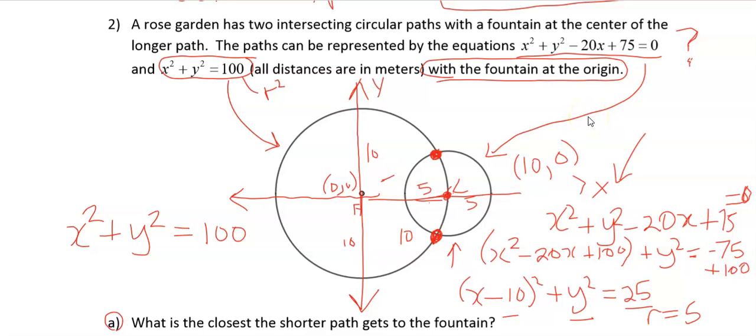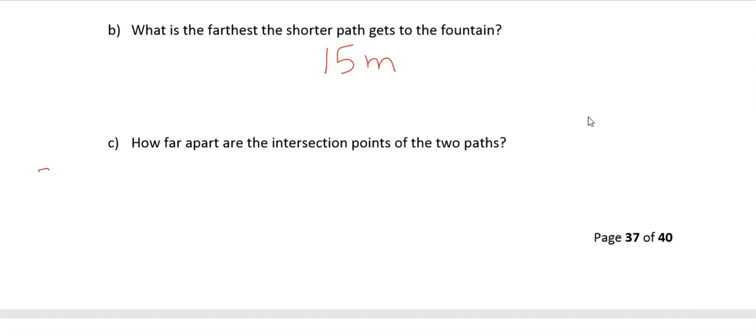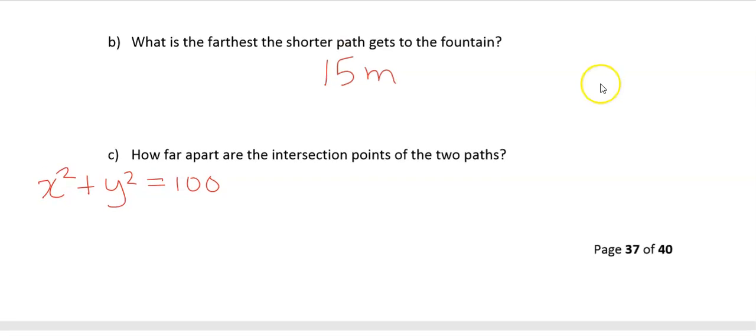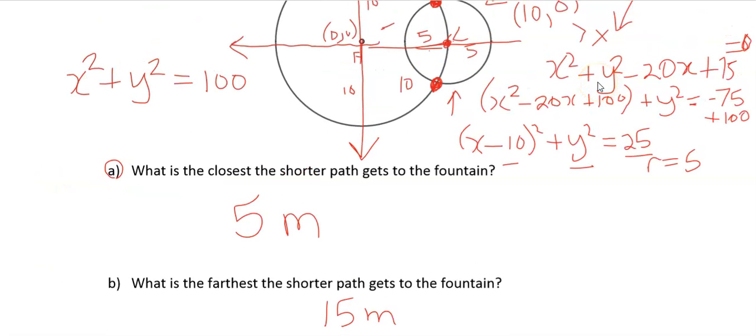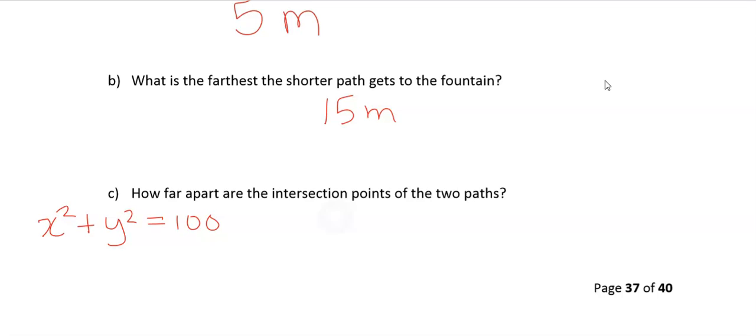I'm going to take x squared plus y squared equals 100. Let me write that down here because I'm kind of running out of room. x squared plus y squared equals 100. Now remember, that's the equation of the larger circle, isn't it? I'm also going to write down the equation of the smaller circle, which is (x minus 10) squared.